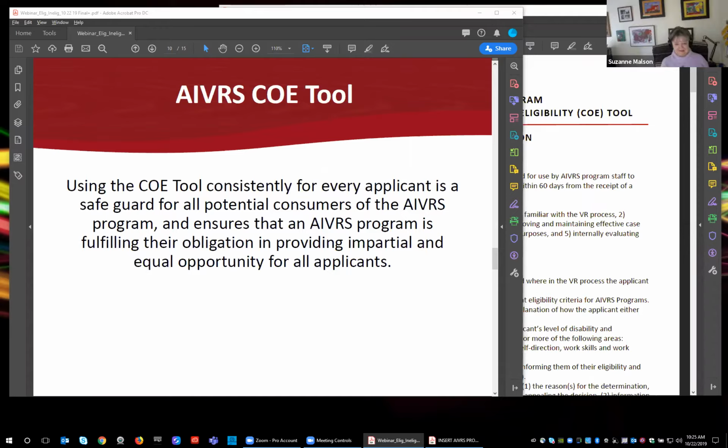And that's what makes our service provision so unique and great across all the different tribal programs. So in doing that, we still have to have some consistency in the forms that are required by RSA and the CFR. So in doing that, we created this tool so you can experience that consistency. It's a great safeguard to ensure that we're meeting all of our obligations to provide impartial and equal opportunity for all applicants.